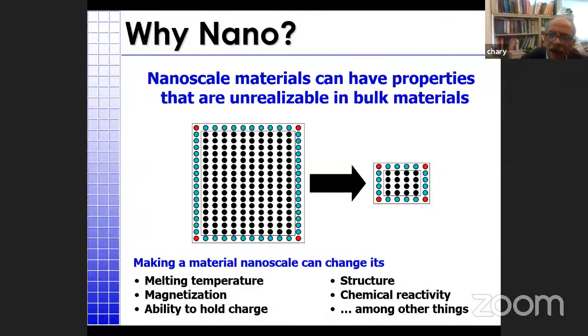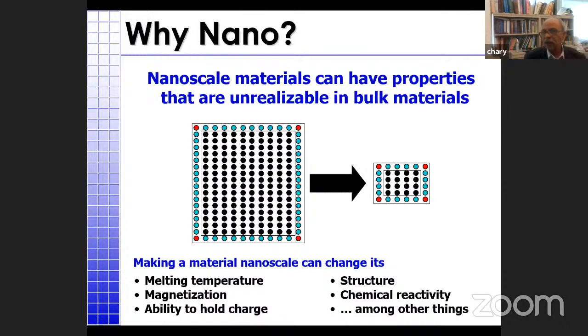But if you are really paying attention to this, I'm going against the classical theory of thermodynamics. We were told in all our chemistry classes that the melting point of a material is unique to that material, right? No two compounds can have the same melting point. But then here, when I go to the nanoscale, I'm violating that principle.